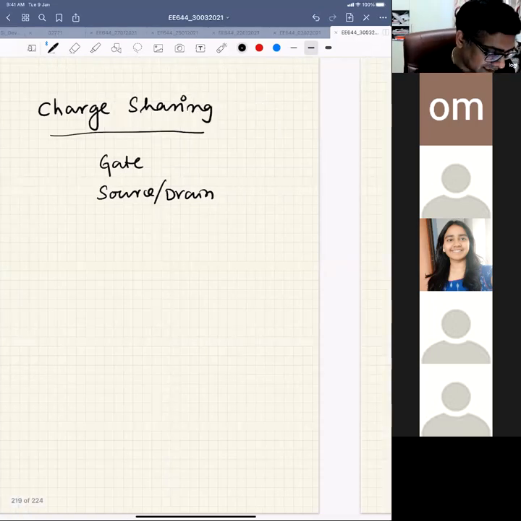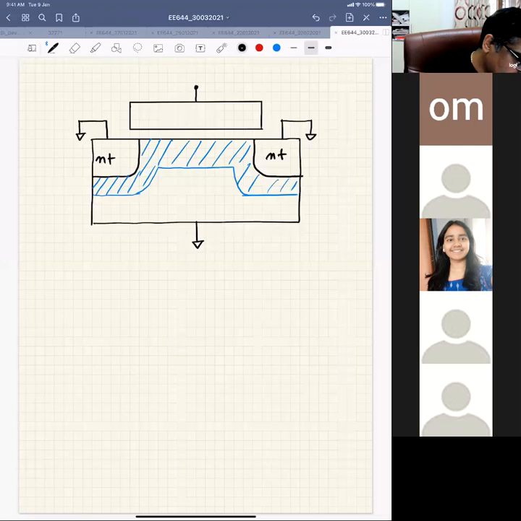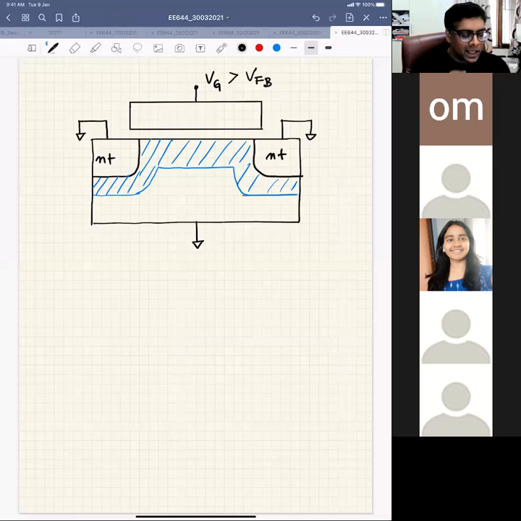So let's take an example of this transistor. Here, this is at a particular gate voltage. Definitely this gate voltage is more than flat band voltage, right? So I have a depletion layer in the device.